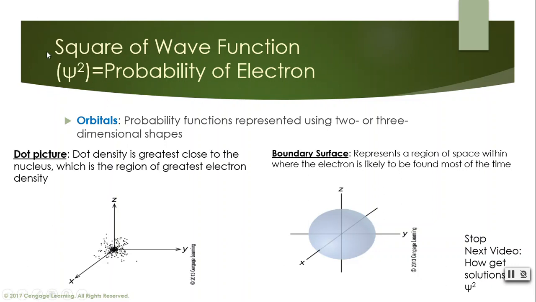Specifically, the square of the wave function gives us the orbital. In the next video, we're going to talk about the solutions to a wave function. We're not going to do calculus, we're not going to do differential equations, but we're going to talk about the solutions that come from the square of the wave function and what those solutions tell us with regards to energy and shape and orientation of that orbital.